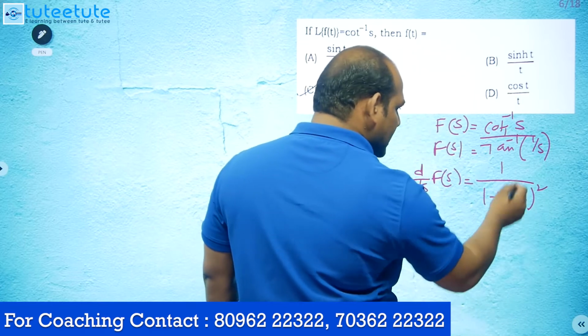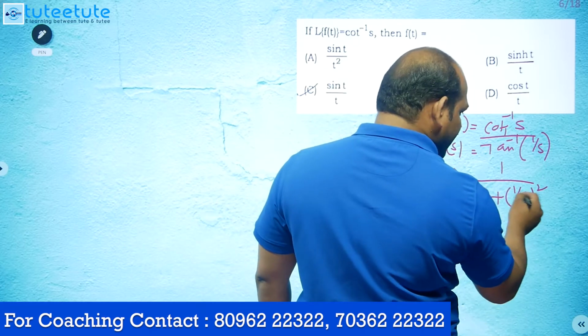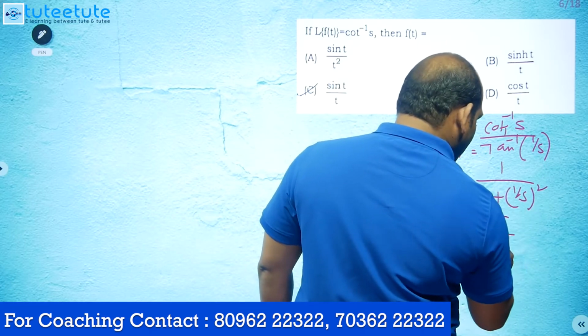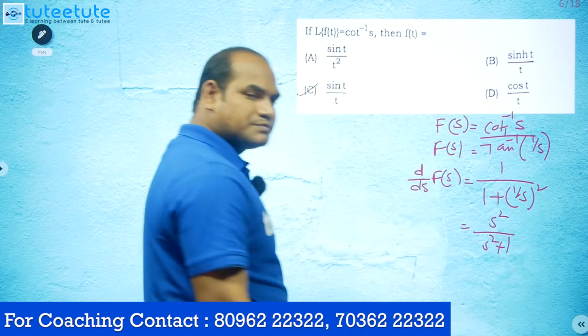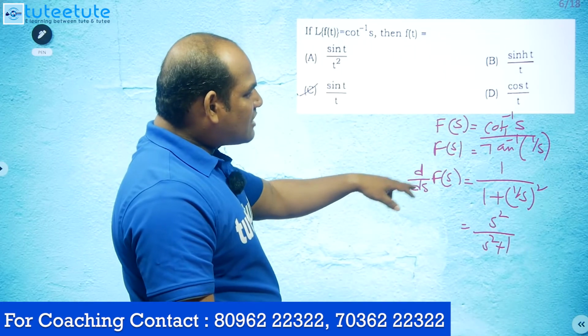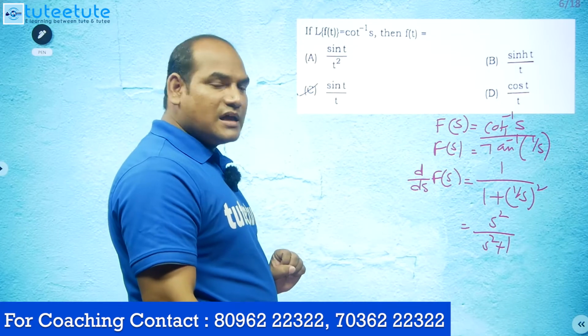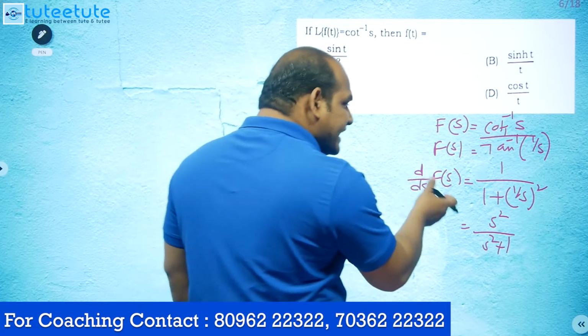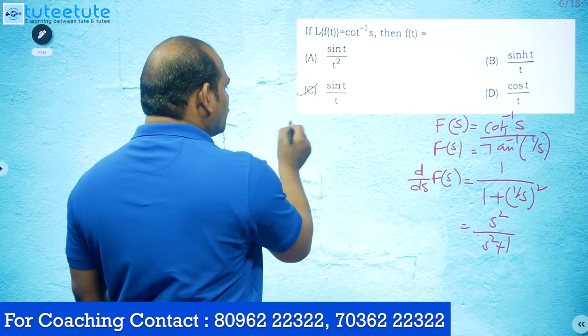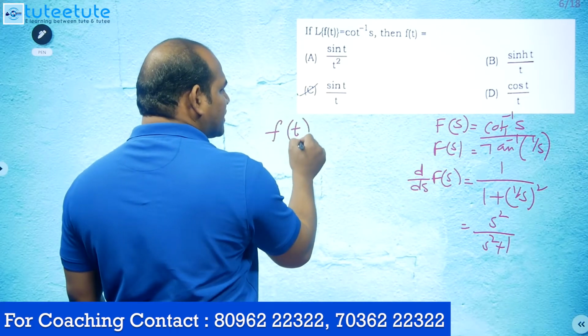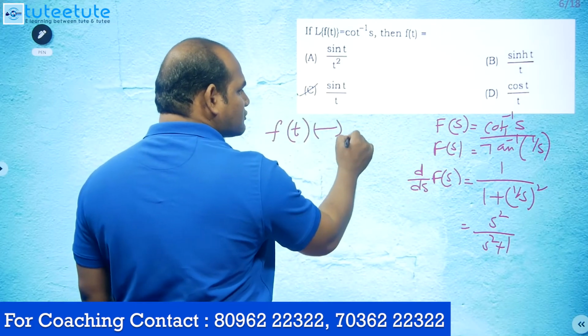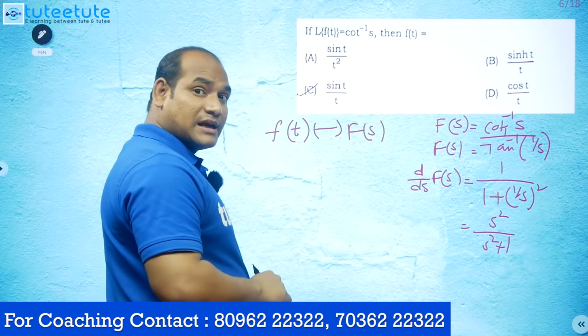If you take LCM, we will get s square by s square plus 1. Now we need f of t actually. So we have this particular function f of t having the Laplace transform capital F of s.